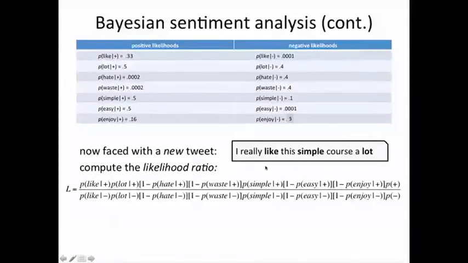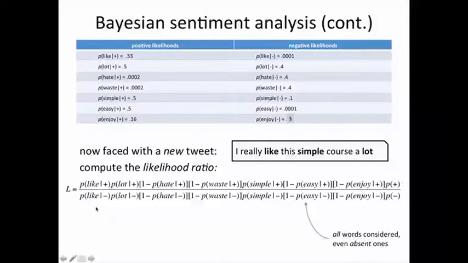We include every possible word amongst the bold words that we have considered, and even those which don't occur in this tweet, we include their probabilities by taking 1 minus. Lastly, we multiply by the a priori probability.